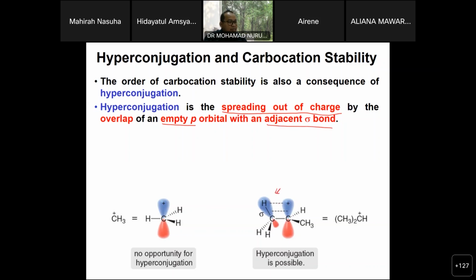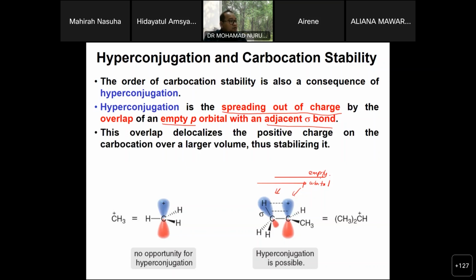They have interactions, or hyperconjugation, between these orbitals. The empty p orbitals interact with the sigma bonds, so that the charge is spread out and hyperconjugation forms.